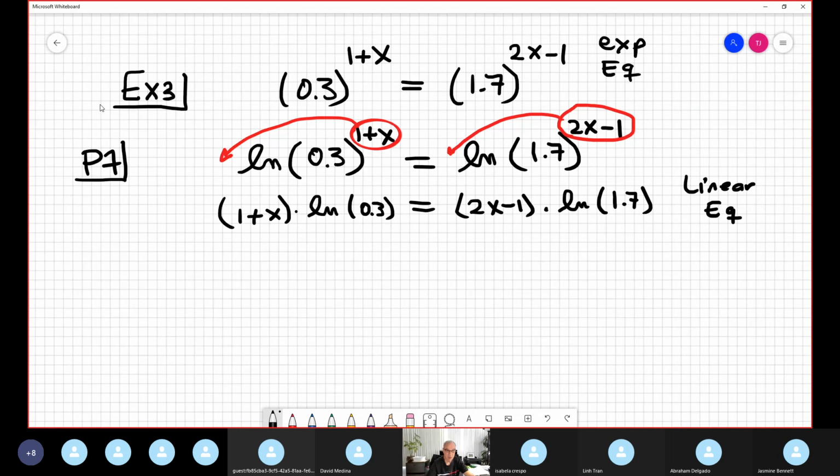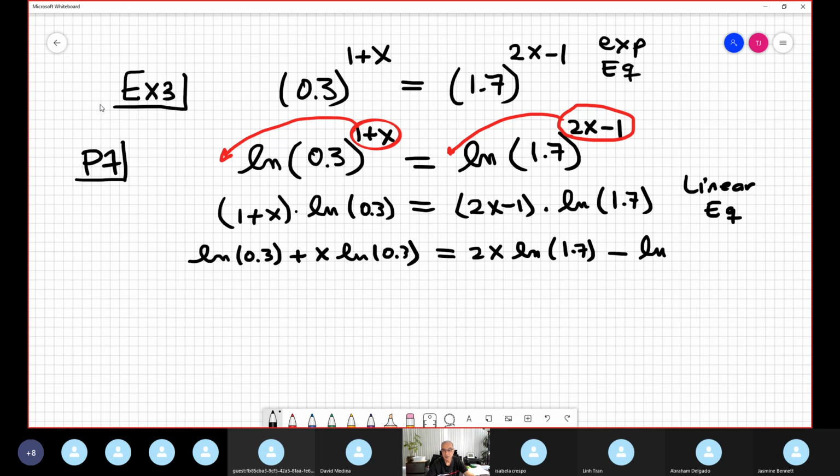You apply the distributive property here. 1 times ln 0.3 is ln 0.3 plus x times ln 0.3. Likewise, in the right hand side is 2x times ln 1.7 minus ln 1.7.